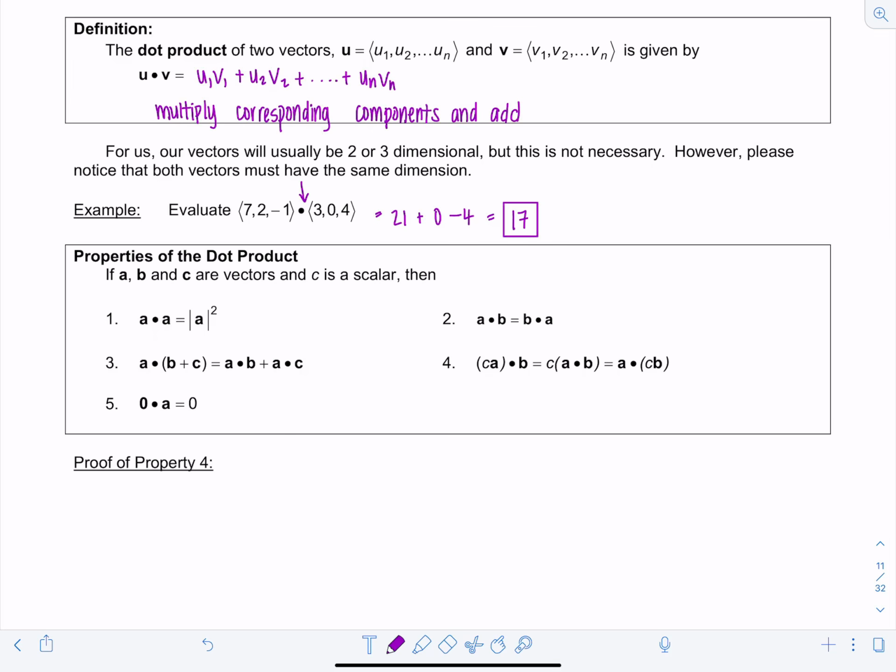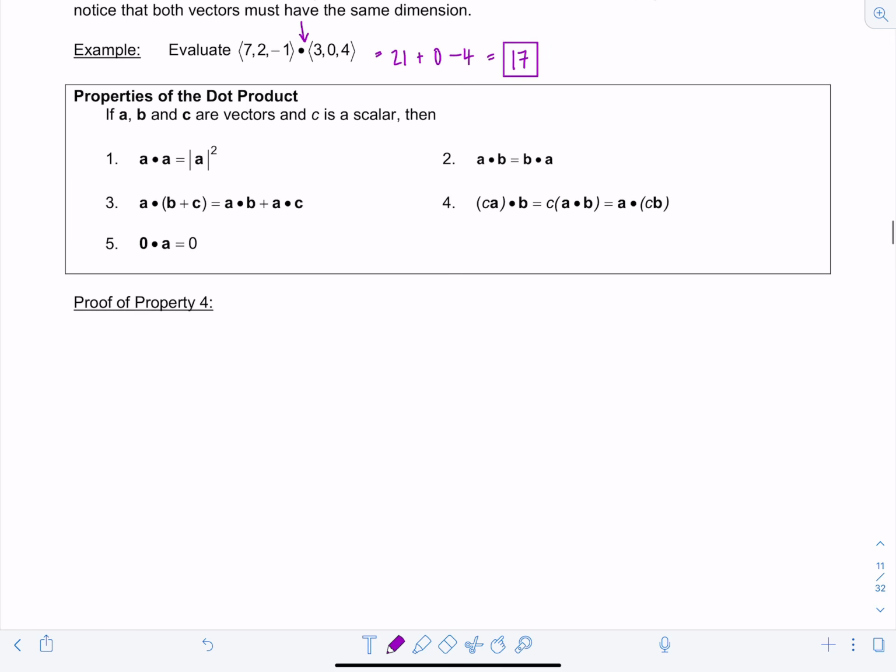Now some properties of the dot product. If a, b, and c in boldface are vectors, and c here not in boldface is a scalar, then the following is true. The first one is actually very useful. a dotted with itself is equal to the magnitude of a squared. Make sure you can verify that to yourself, because this is something that we're going to refer to several times throughout the course.